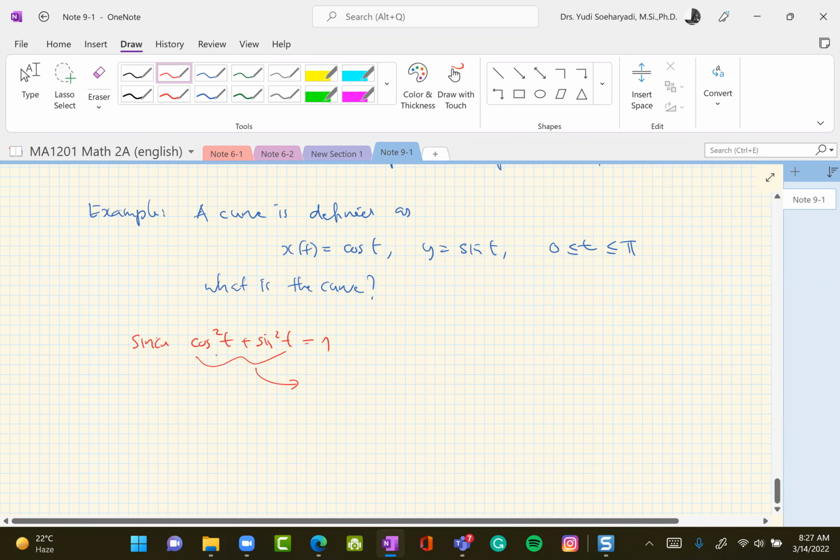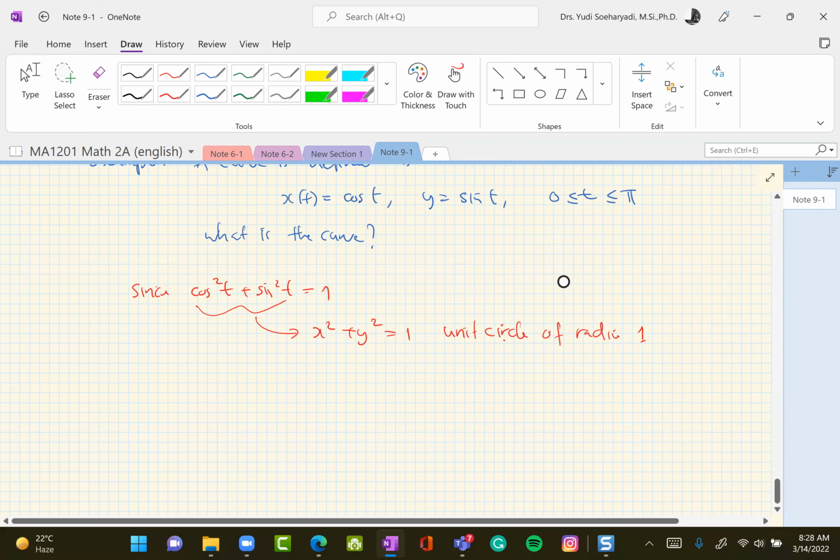Cosine t is the x, so this is the square of x, and this is the square of y. But this is a circle, not the unit circle, of radius 1. So this is a curve.